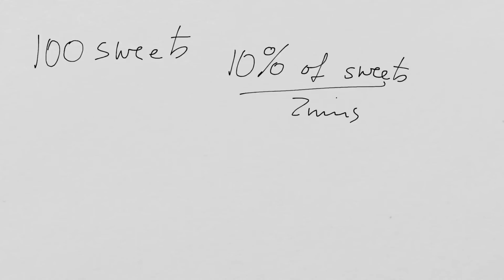How many sweets are left? How many? 67. Who said that? 67? 66? 67? Well, we can't have half sweets. Who said it?